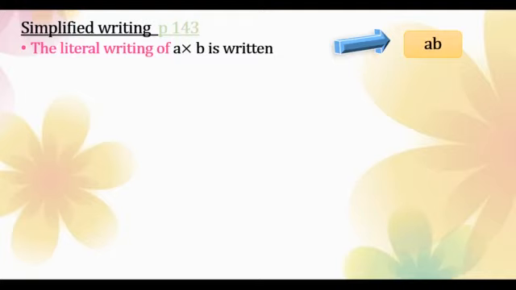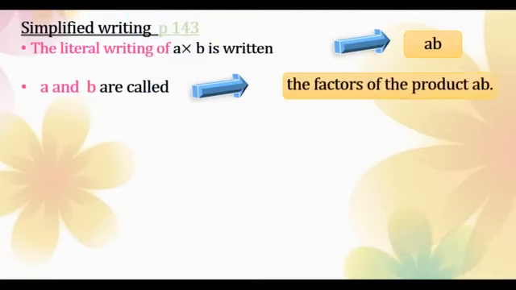It means ab, a times b. So a and b are called the factors of the product ab. The result of this operation is ab.